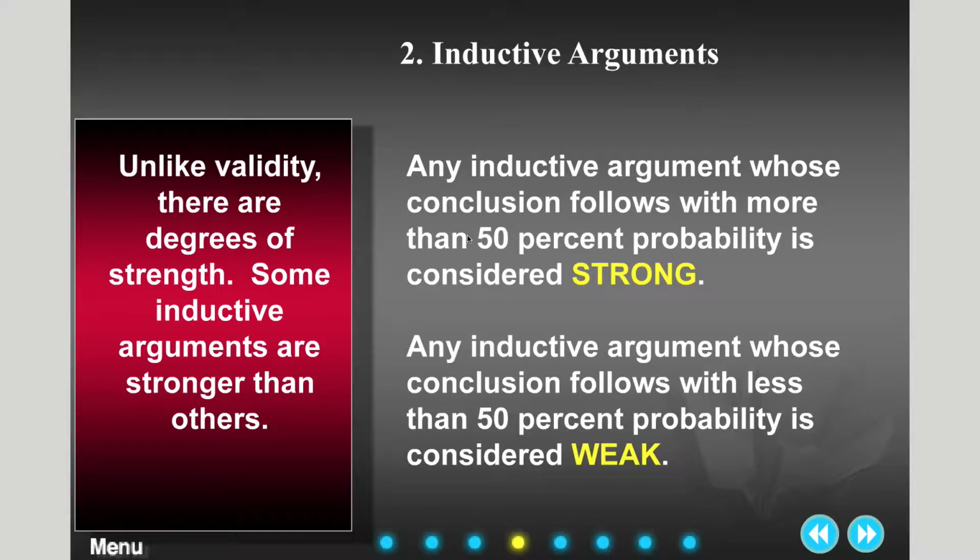But you could see that the higher you get in percentage, the stronger it's going to be, and the lower in percentage, the weaker the inductive argument is going to be. Okay, that's why they say there's degrees of strength. You want to get much higher than 50%. But sometimes we don't get there. And so we're just looking for what is probable. Okay, what is probably the case? It's better than a flip of the coin, right? Which just gives you heads or tails, 50% probability.